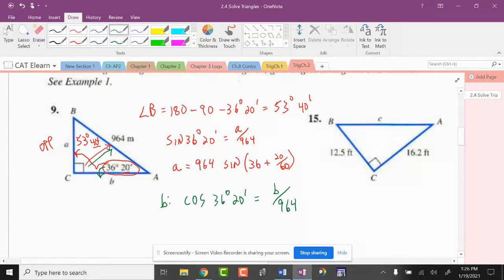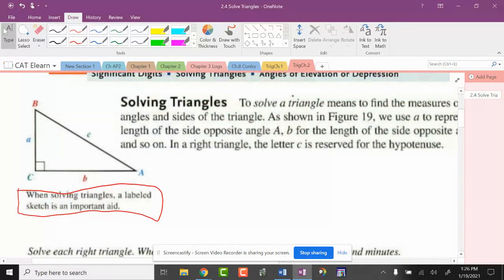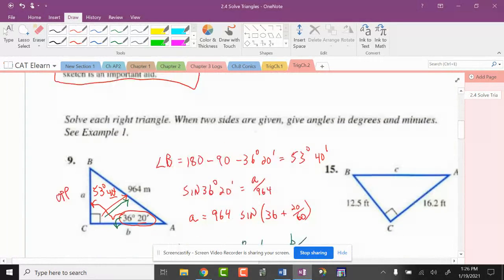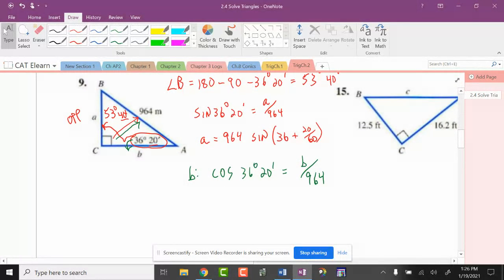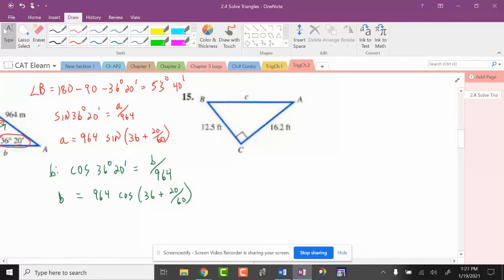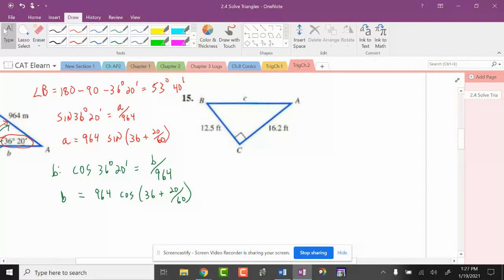So going back up to here, in order to solve for a triangle, you find all of the unknowns. So I had to find all three missing parts of the triangle. Then of course B equals, my pen stopped working, just randomly in the middle of writing. B equals, multiply both sides by 964. And then on your calculator, you'd type 36 plus 20 over 60. Okay, then I'll do the next one and then maybe pull my old notes and show what those final answers are.